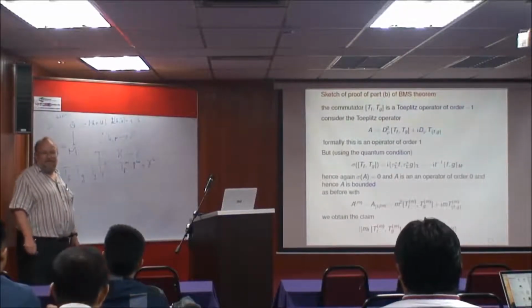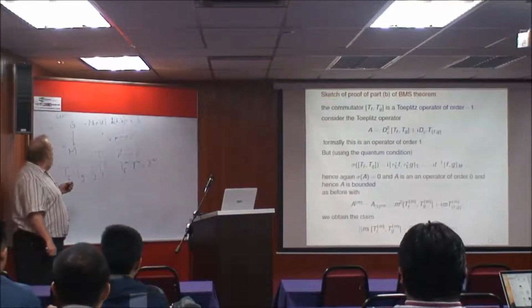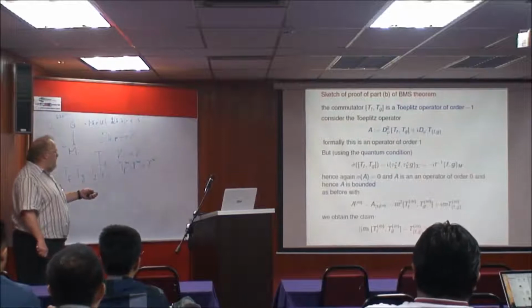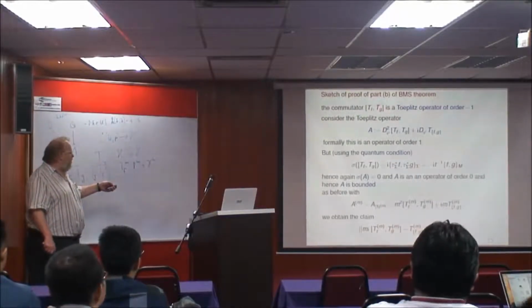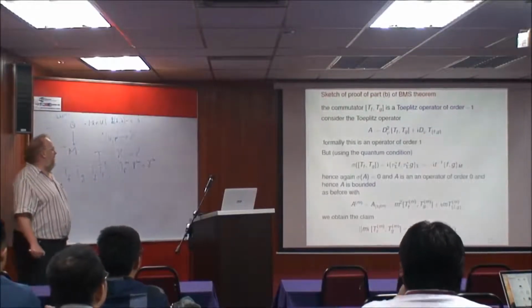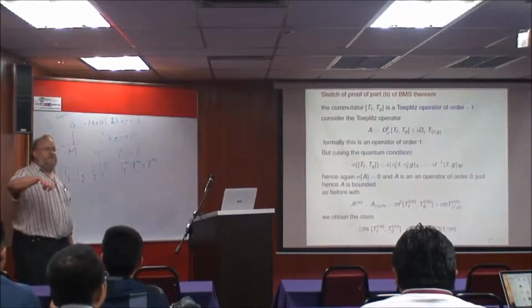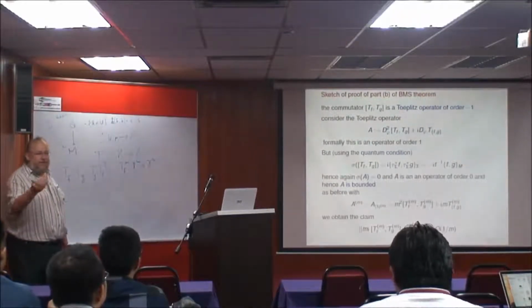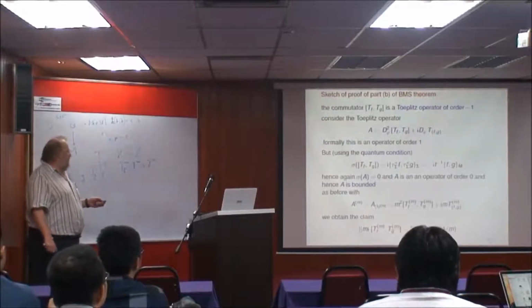So the symbol is 0. So this means the bracket, and this is a general fact, not just what we have here, the bracket of these two operators will be a Toeplitz operator, not of degree 0, it will be of degree -1. We go down by 1. Okay? So it's degree -1.